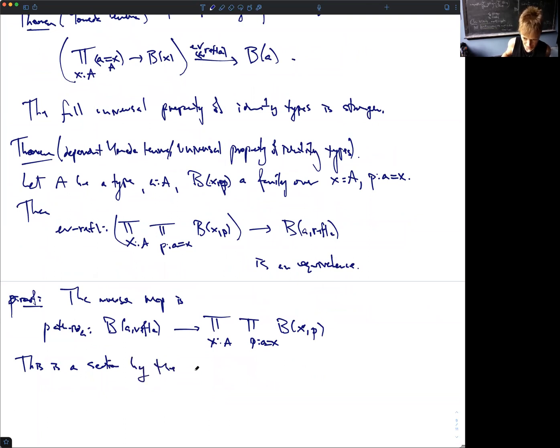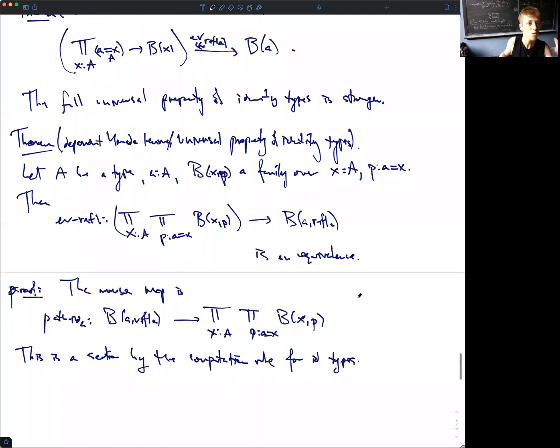This would be much simpler to spell out in full than the cases we've seen above, so I won't say anything more. But the computation rule says if you've defined something by path induction and then you evaluate it at reflexivity, you recover the data that you defined the thing from, for identity types. Okay, so what we require then is one more homotopy.